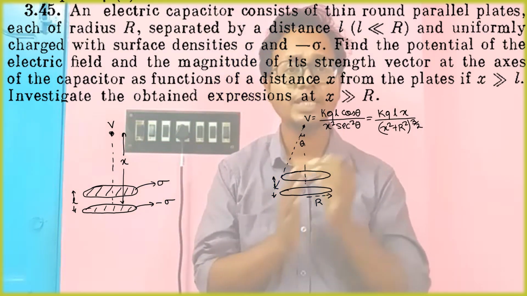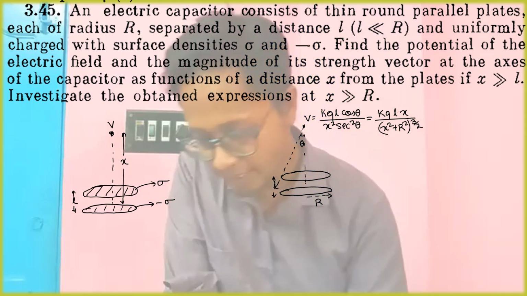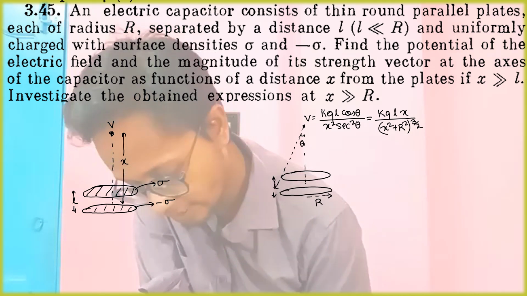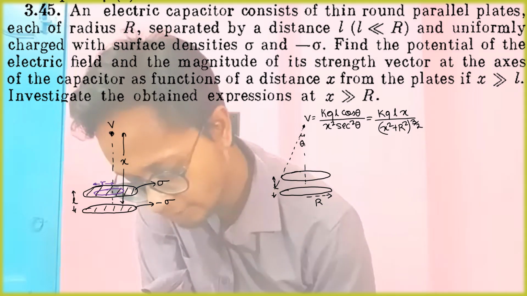So how do I integrate a plate or a disk? A disk is nothing but integration of rings from 0 to R, isn't it? So if I take an elemental ring out here, of radius r, what is the potential due to the elemental ring?